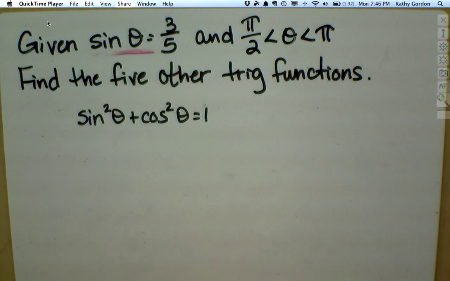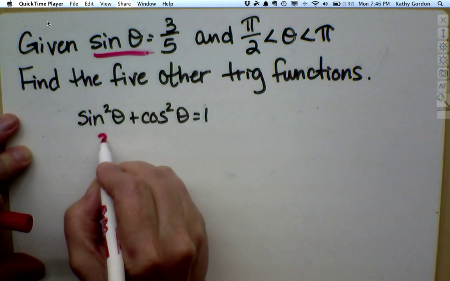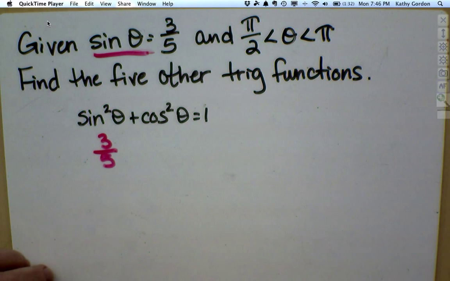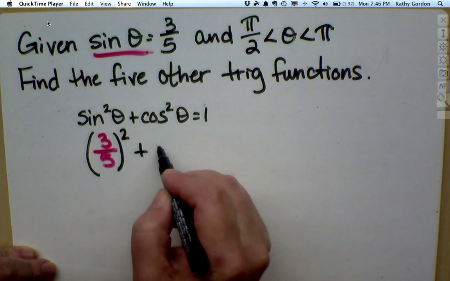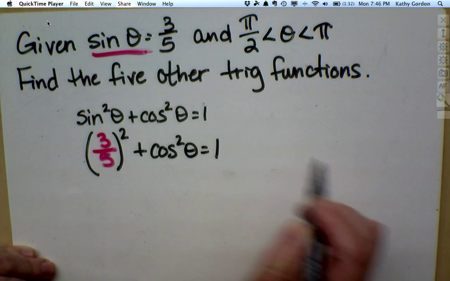So I'm going to put that value into this equation in place of sine. So that means I'm going to have 3/5 being squared plus the cosine squared, which has to equal 1.